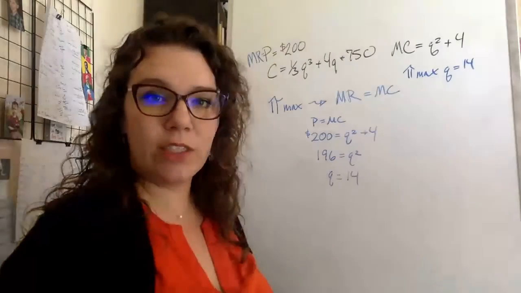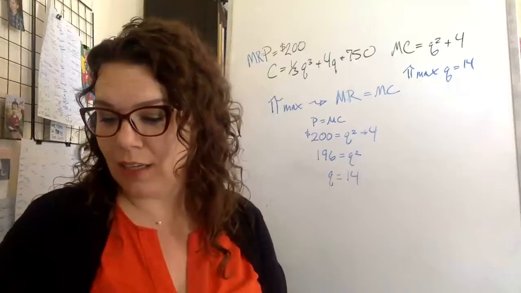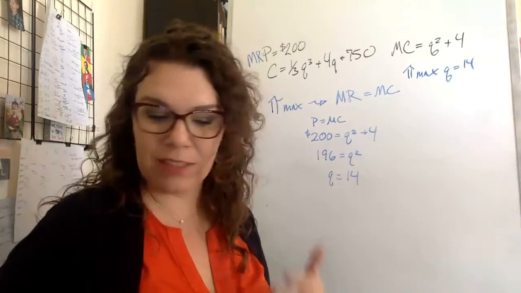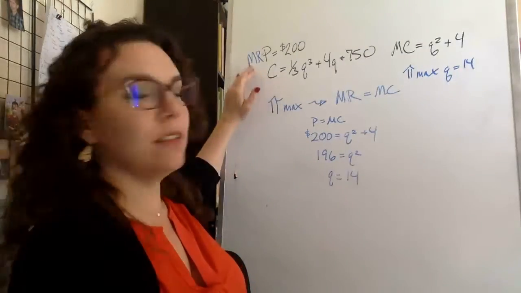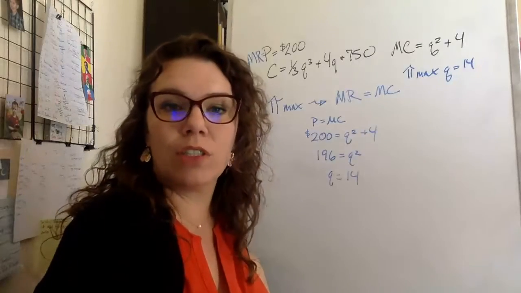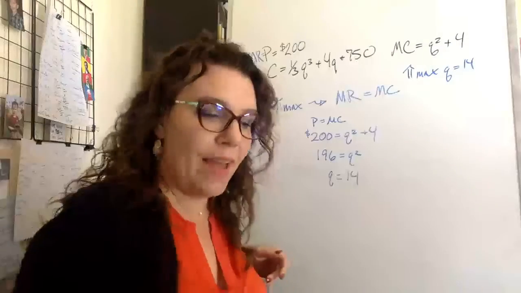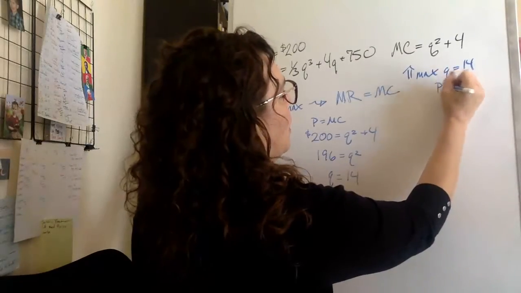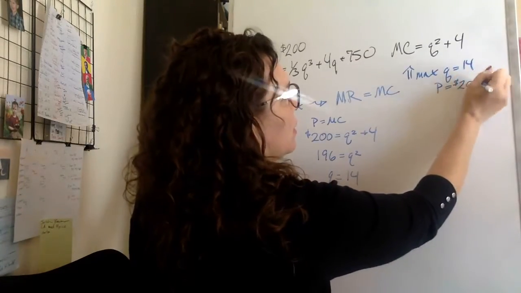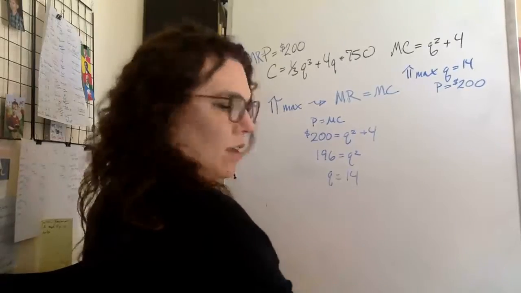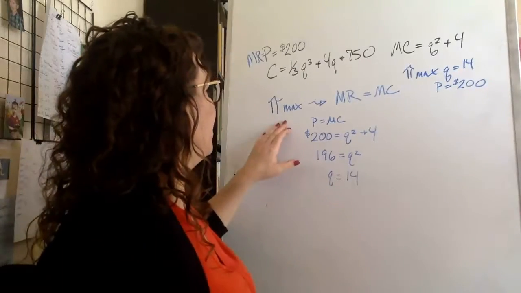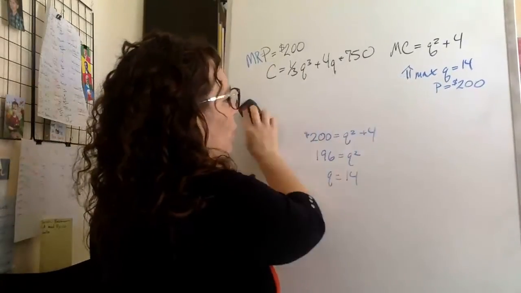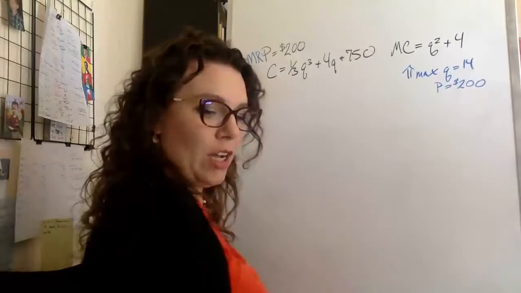The next question says to find what the profit maximizing price is. That price is given by the marginal revenue curve. So the answer there is P equals $200. And then to calculate the profit, we just need to solve for revenue minus costs.